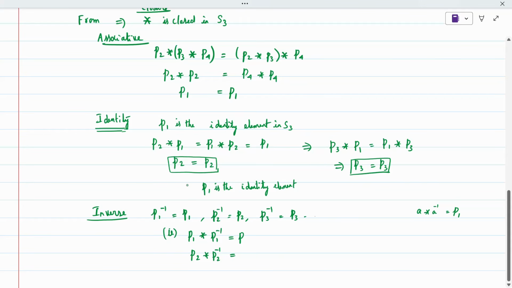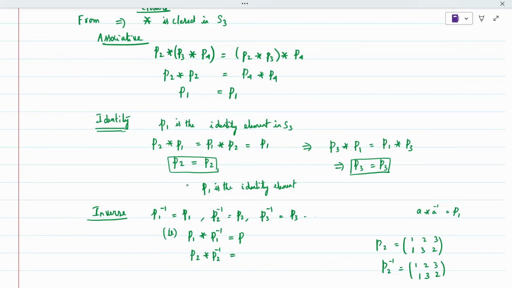I will show you. What is our P2 element? The P2 element we have taken to be 1, 2, 3 over 1, 3, 2. So P2 inverse is nothing but, 2 is mapped to 3, 3 is mapped to 2, 1 is mapped to 1. How do we write the inverse?